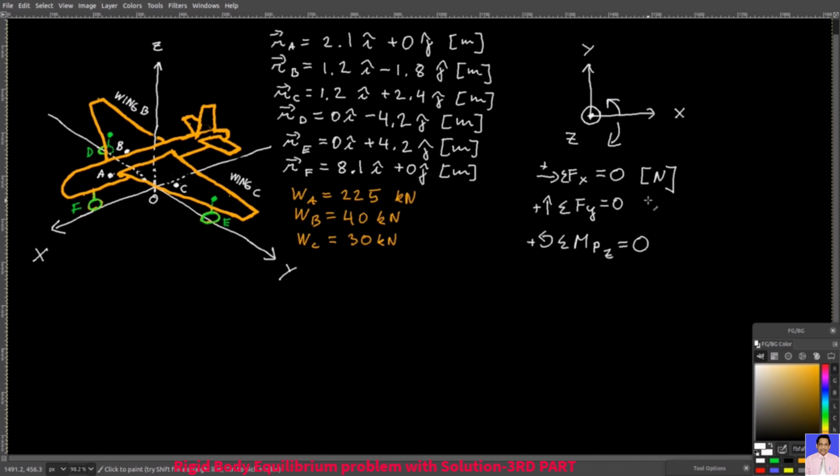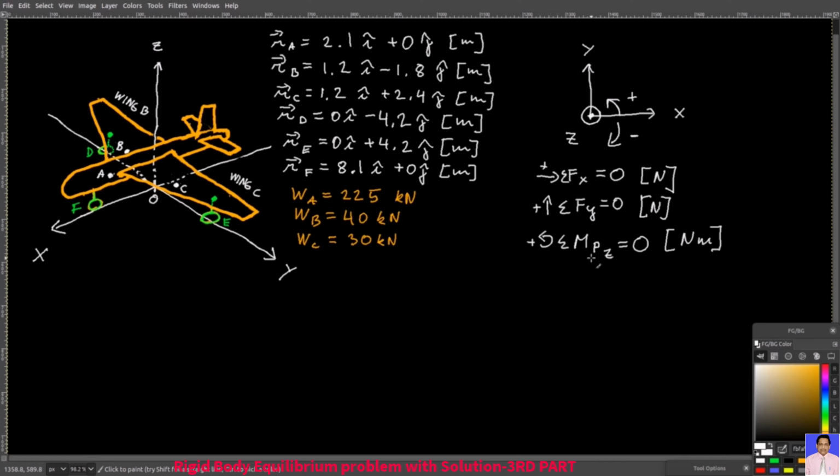So this one was in newtons, this one also, and this one was in Newton meters. And remember, this point P, it was a point of your choosing. And then rotation in this direction was positive because it was counterclockwise, and this one was negative because it was clockwise. So that's according to the right-hand rule that you learned in Statics Part 1.